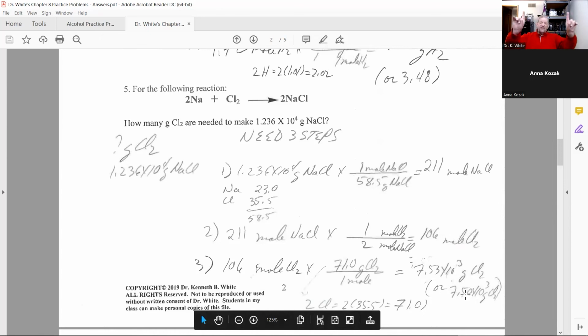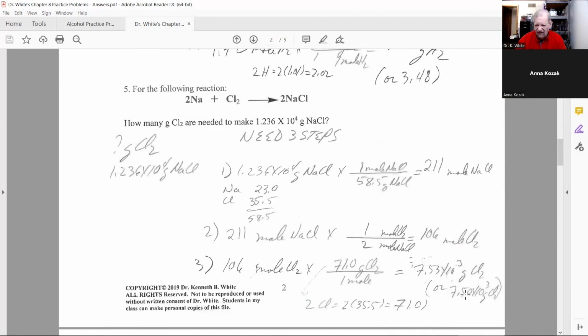And that's where the difference between rounding off at each step, which I'm a round off at each step person, or round off at the end. And I will not take off points if you round off at the end person. But either way, you got to do it right.